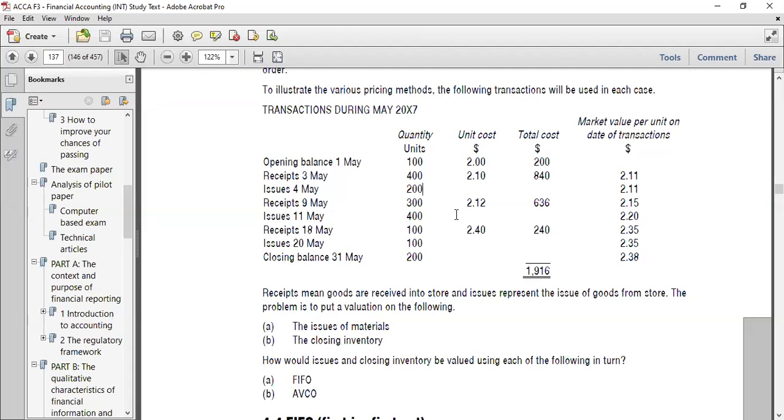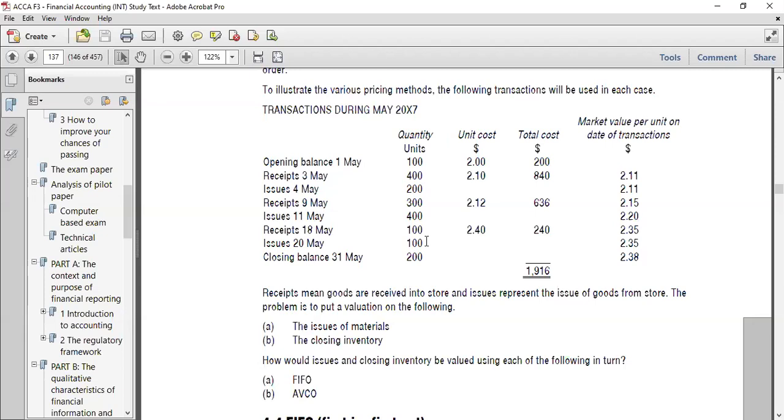So the whole inventory valuation is about what value we attach, what will be the unit cost of the inventories we're issuing. That is the principle we want to get here.